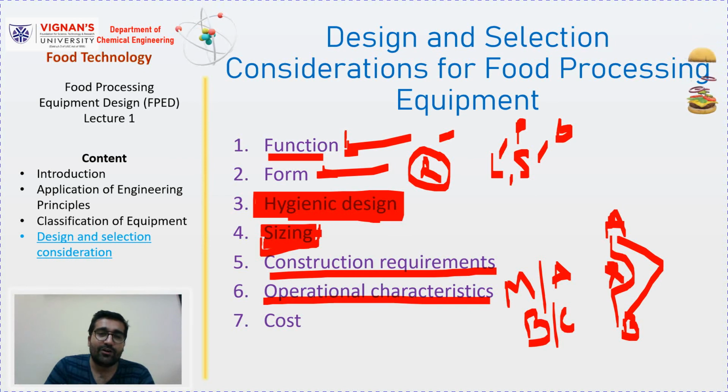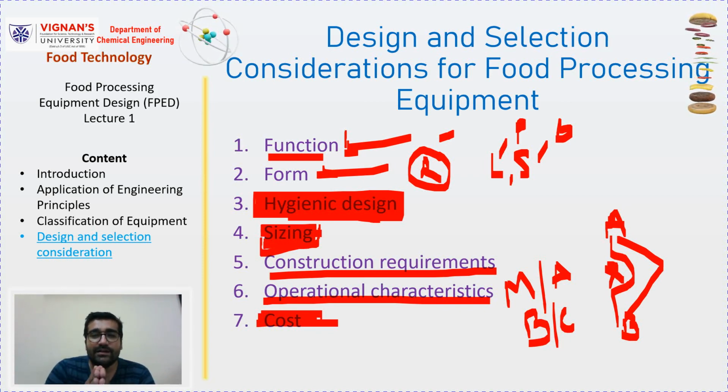We should always keep in mind the cost of the equipment. And when we are talking about cost of equipment, custom made equipment is always costlier than standard equipment, because in standard equipment we will use standard raw materials.